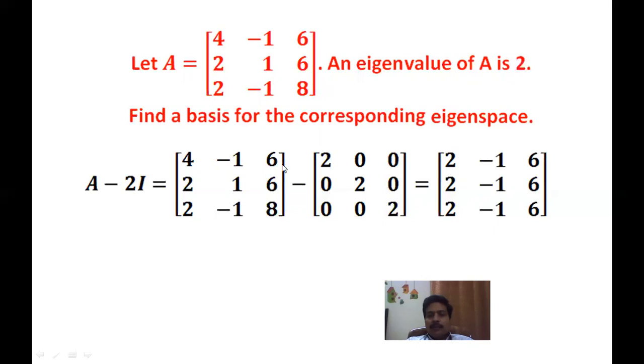Remaining two elements are same, minus 1 and 6. And 2, 1 minus 2 is minus 1 and 6 minus 0 is 6. 2 minus 0 is 2, minus 1 minus 0 is minus 1, 8 minus 2 is 6. So this is our A minus 2I. Here we can observe that all the three rows are equal.